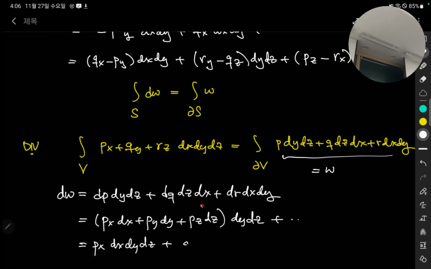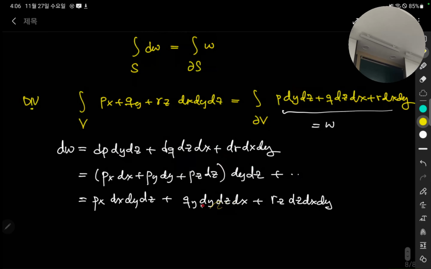And how about dq? From dq, only the dy term survives, the qy part. And the rz part survives from dr. But then I want to reorder so that it always has a dx dy dz order. So let's put the dx to the front. When I change the order of dz and dx, one minus comes out, and another minus comes out when I change the order of dx and dy.